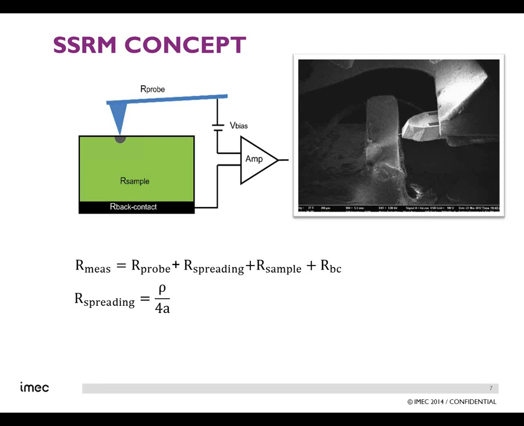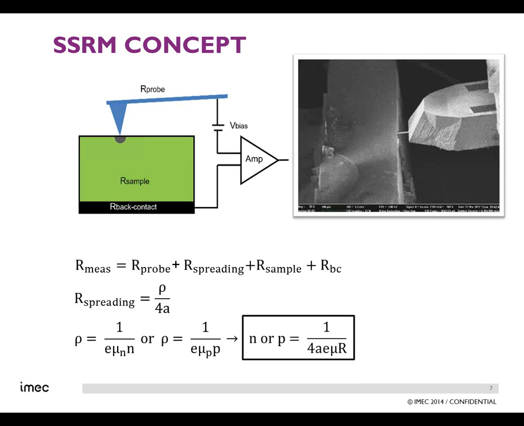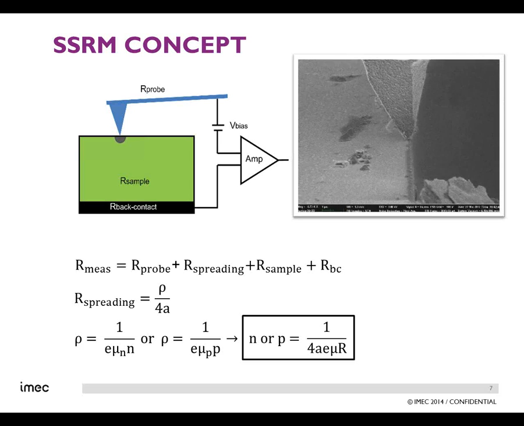So if the total resistance that we measure is dominated by this spreading resistance, then we have a direct measure for the resistivity of the material just below the tip. And knowing the resistivity, then we also know the active dopant concentration, be it electron or holes.